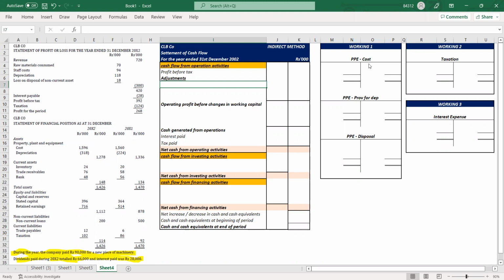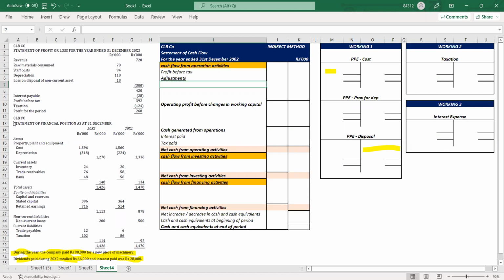Okay, so shall we complete these workings? Then it's easy for us. Anyway, we have to find out the depreciation. Depreciation is given. We have to find out the cash received from the disposal, and any other purchases or disposals in the PPE.